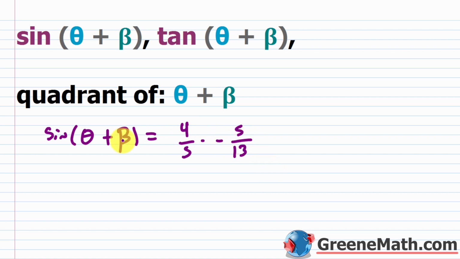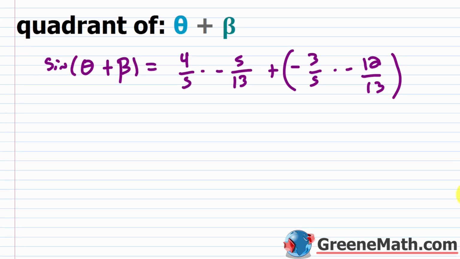Then plus your cosine of theta, which is negative 3/5, times your sine of beta, which is negative 12/13. I'm going to wrap this in parentheses so I don't make a silly sign mistake. In a lot of cases, when you're multiplying here, you can cross cancel. Here you have 5 times 13 and 5 times 13, so don't cancel this because you're going to want a common denominator. I make that mistake all the time, so I'm just going to stop you from doing it.